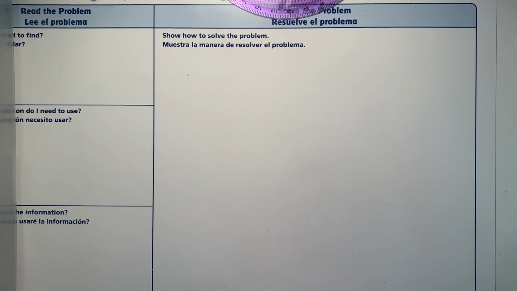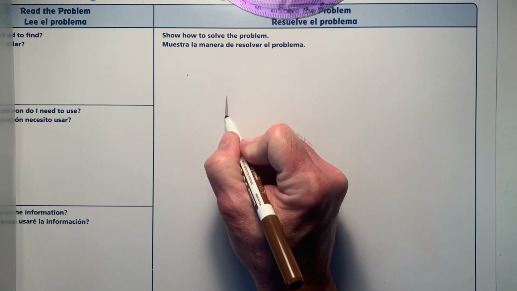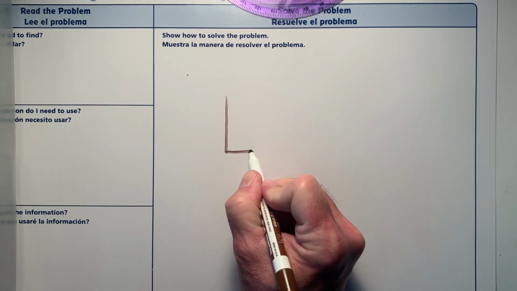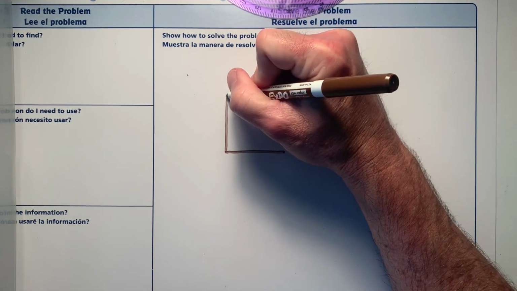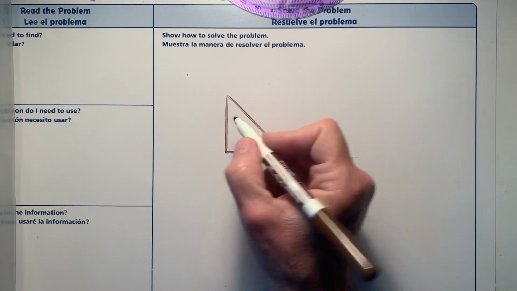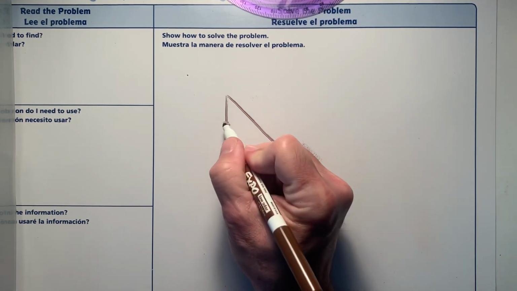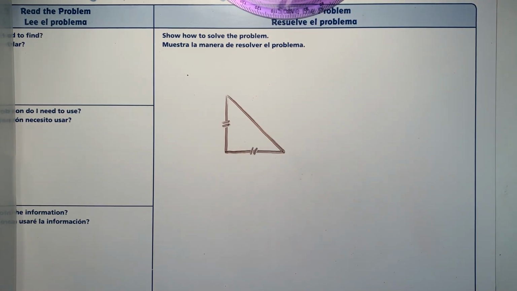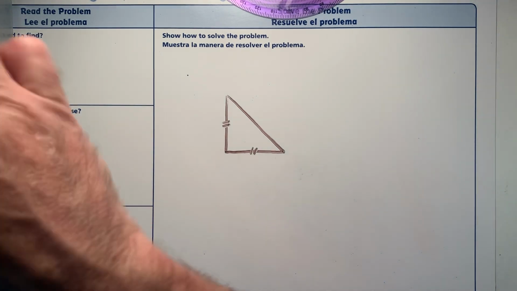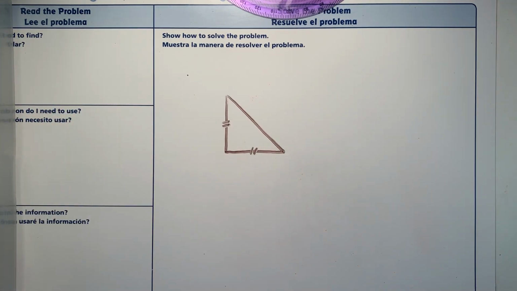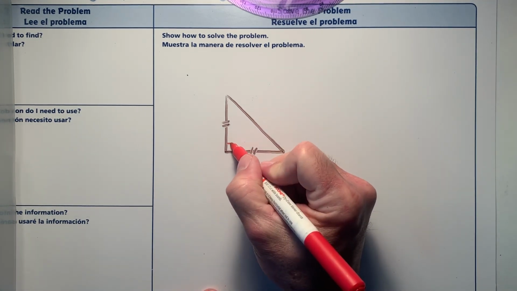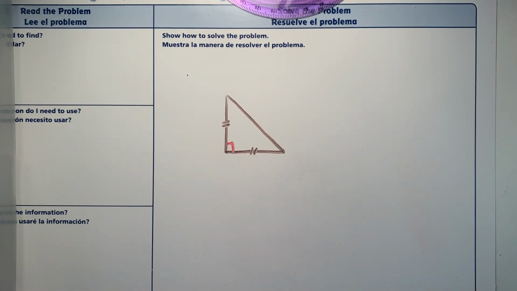Let's take a look at a triangle like this. I have given you a hint as to this triangle already. We are looking at this triangle, and I'm going to show you one more thing.